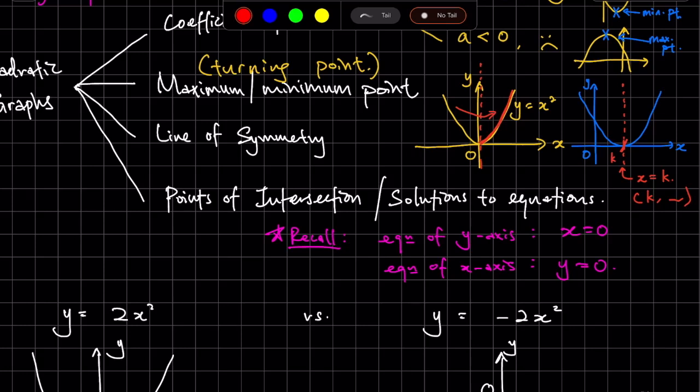So now you have a curve and a line, and you just want to find the points of intersection, where the line and the curve cut. This will give you the solutions to the equation that you're given.